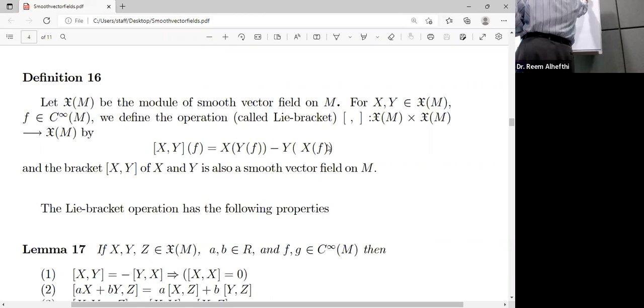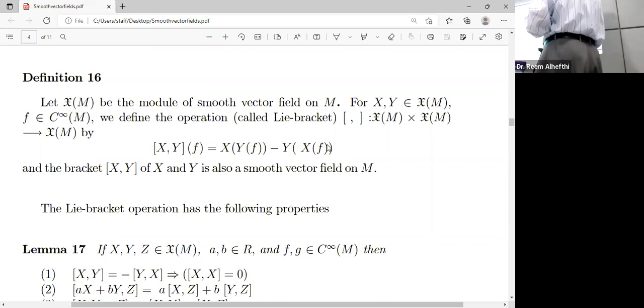Up to now, we know that it is a module over C infinity(M). Now take X, Y, two vector fields in X(M), and define the bracket.